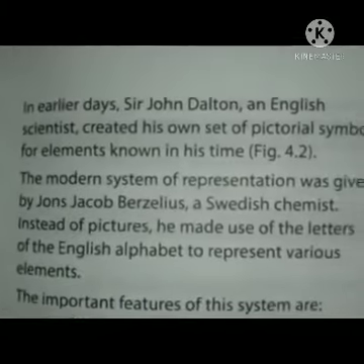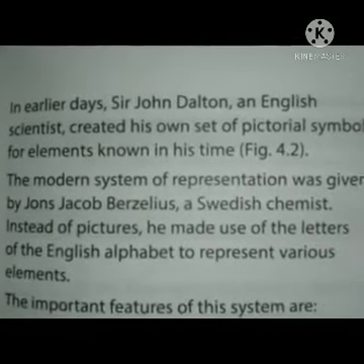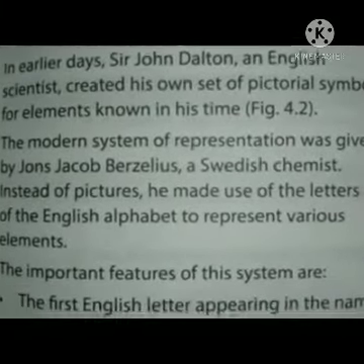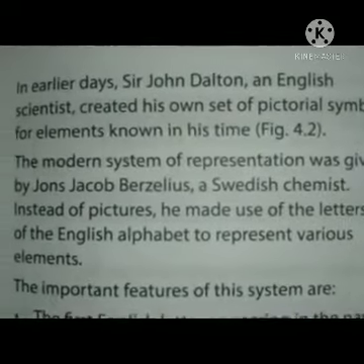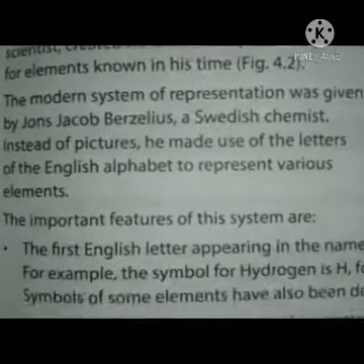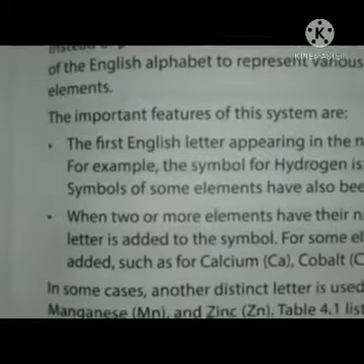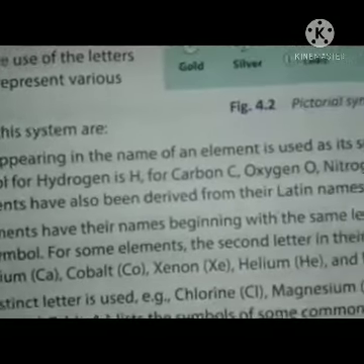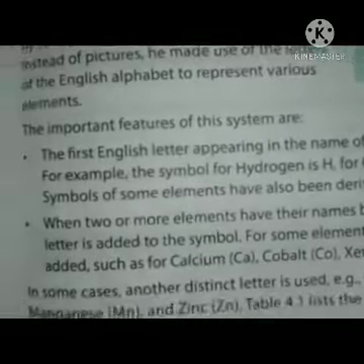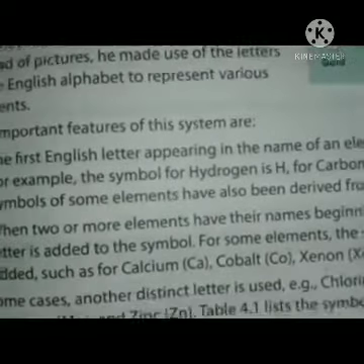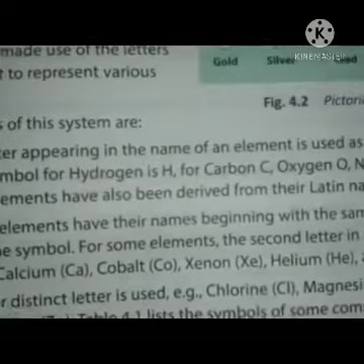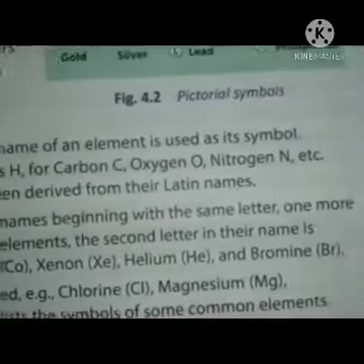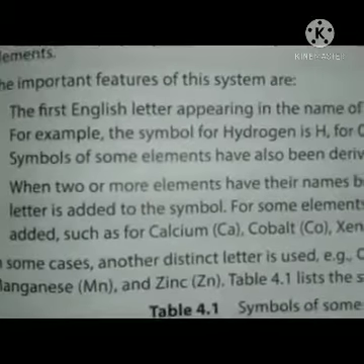John Jacob Berzelius, a Swedish chemist, replaced these pictures and used letters of the alphabet, which are now used. The important feature of the system is that the first English letter appearing in the name of an element is used as its symbol. So the symbol for hydrogen will be H, for carbon C, for oxygen O, for nitrogen N, and like this.